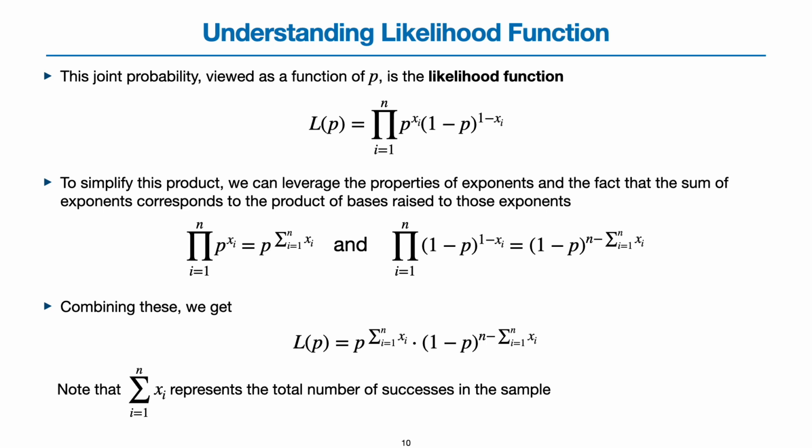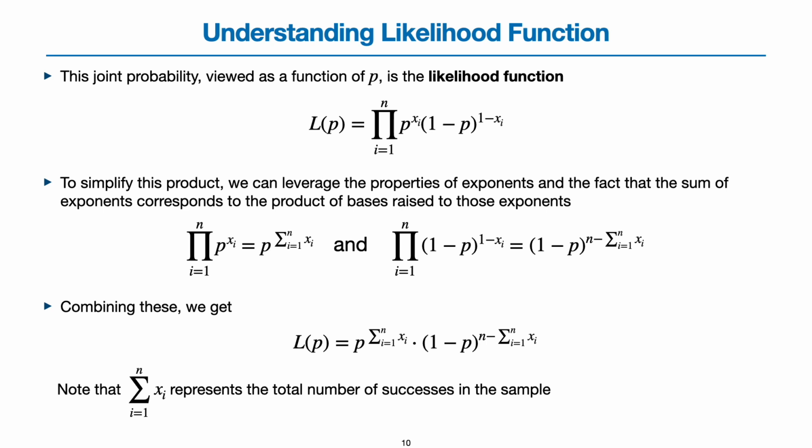And now you can simplify this, because if I multiply p^xi for different values of xi, then we have a summation in the exponent, right? So this is p to the power of the sum of xi's, and the same thing happens with the second term that we have here. Now we can separate them because it's a product of the terms.